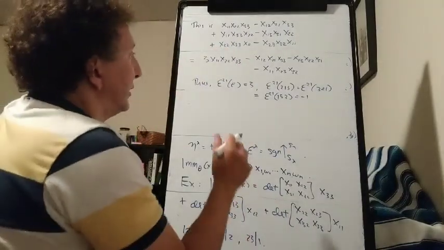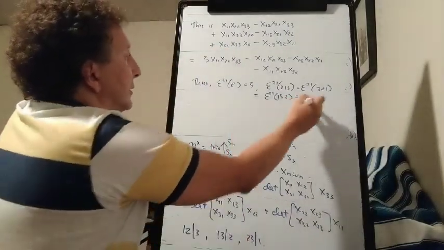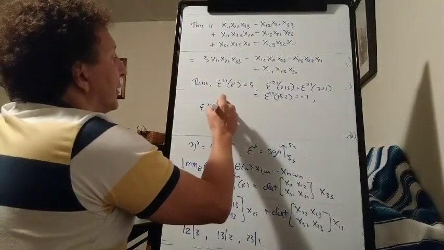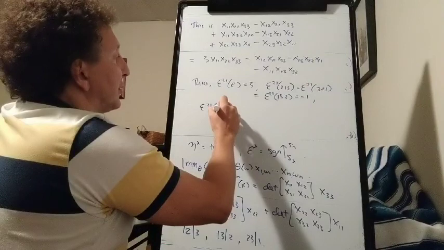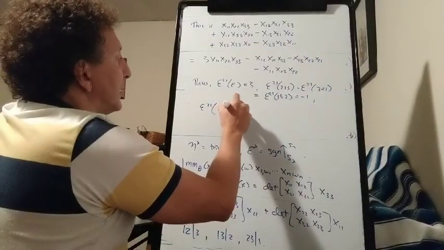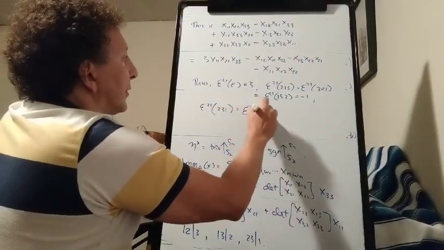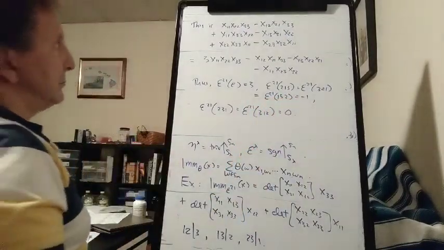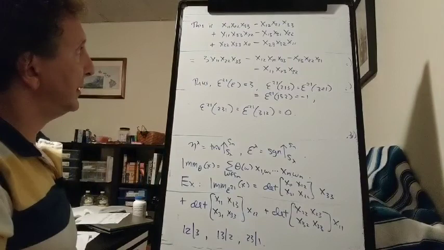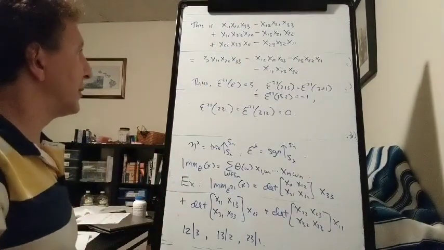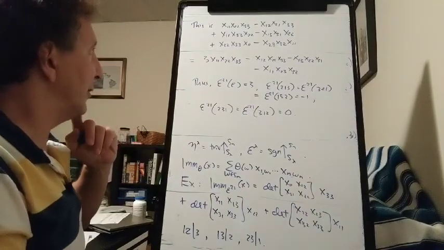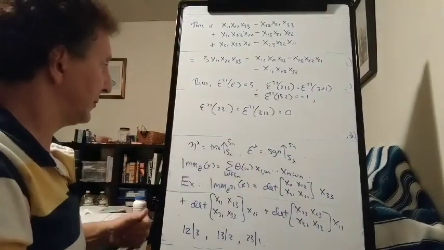The ones that don't appear have coefficient 0. So epsilon 2,1 of the permutations that don't appear, 2, 3, 1 and 3, 1, 2, are both 0. So we don't need to use the formula for the induced sign characters. We can read the coefficients off of the monomials here.